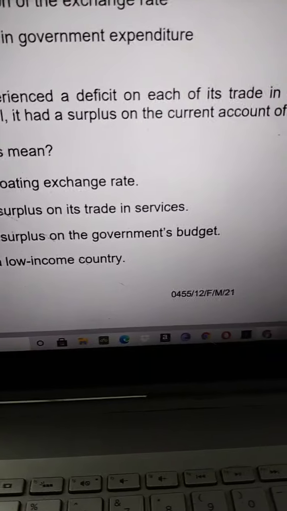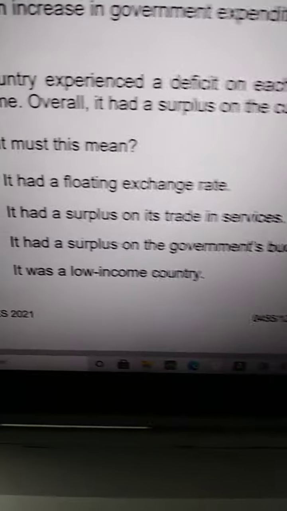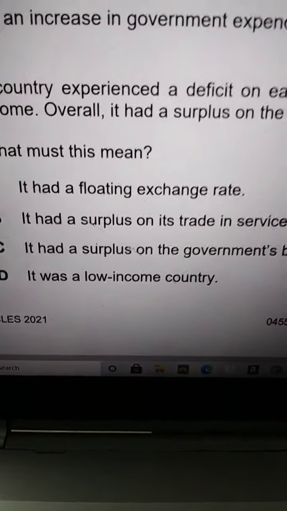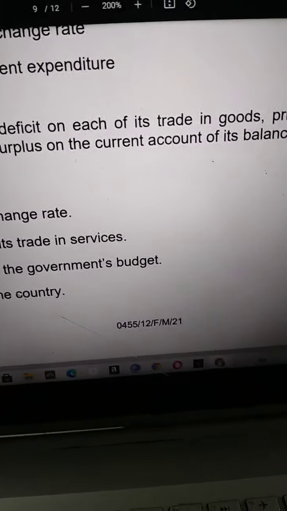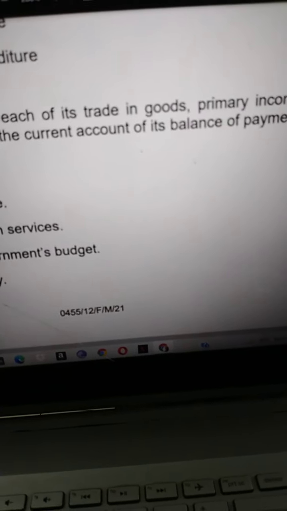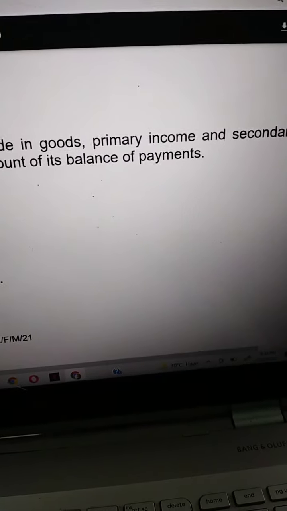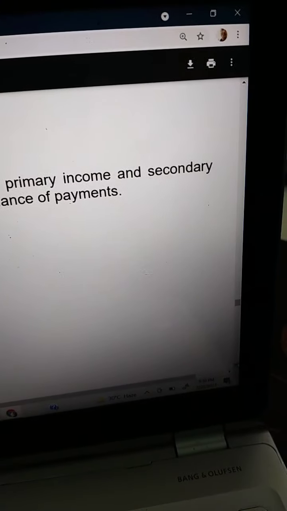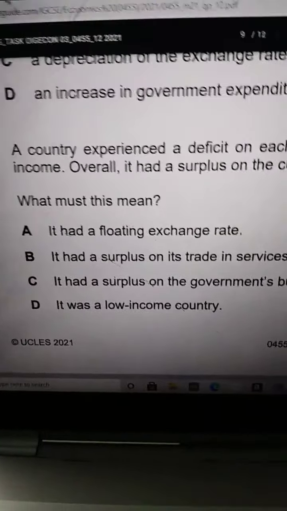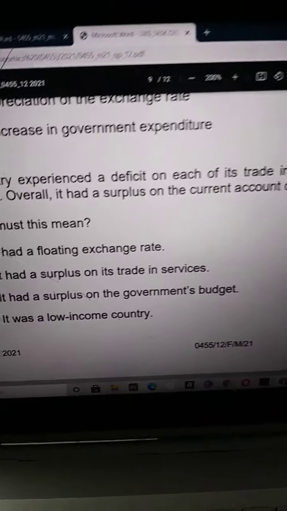So, they are saying that the country experienced a deficit on trade in goods, primary income, and also on secondary income. But overall, it had a surplus on the current account. So, deficit in three components: trade in goods is one component, primary income is two, and secondary income is the third. Which one is left? The trade in services.